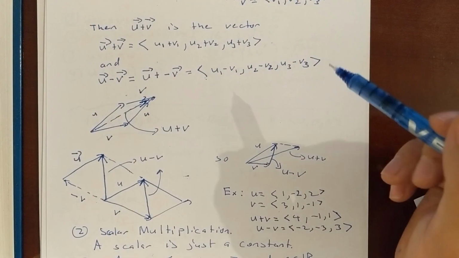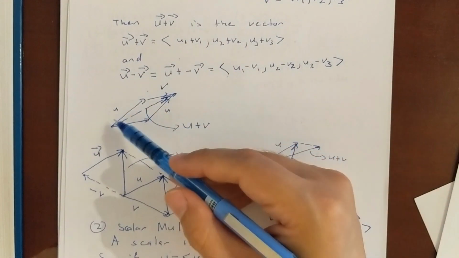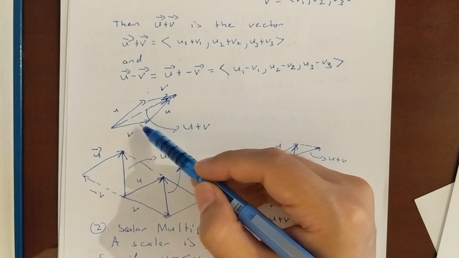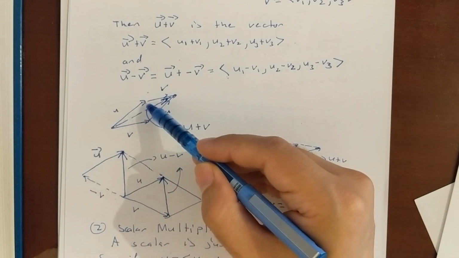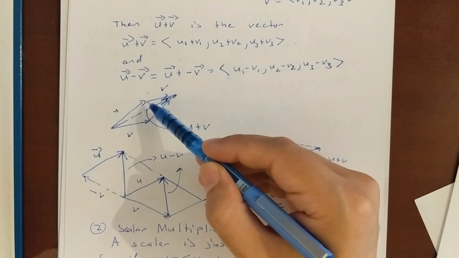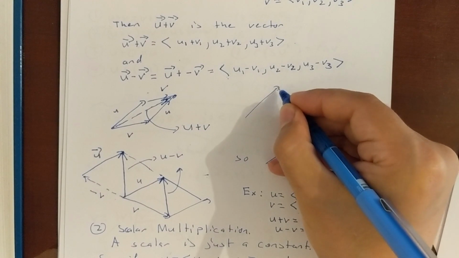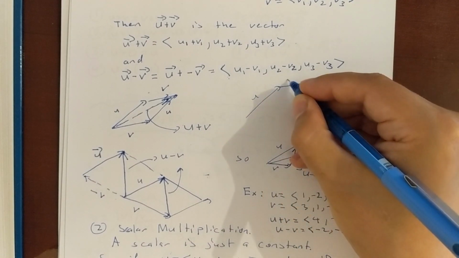Now, here I try to give you the geometric interpretation of adding vectors. If you have this u vector and this v vector, then you can just copy this v over here. So to the head of u, you attach the tail of v. This is u, this is v.